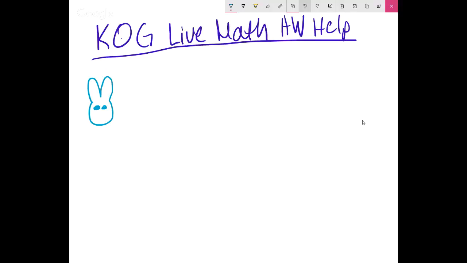Let's just put a smiley face on. So this is a bunny, because we're about to go over a way to help you remember how to convert from exponents to logarithms and then back. The little acronym that's being used is called Ben the Bunny.